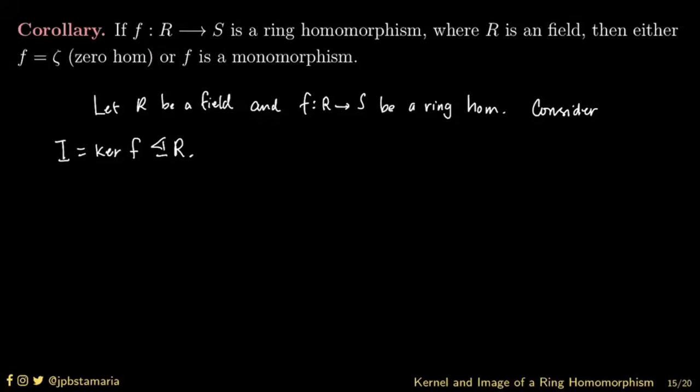Kung babalikan niyo yung proof, ginamit yung fact na kapag ang ideal ay may unit, automatic, siya yung buong ring. Wala nang iba. Anyway, if you cannot remember, that is a property. Since R is a field, dalawa lang ang possibility sa I. Then either I is R or I is the trivial ideal. Okay?